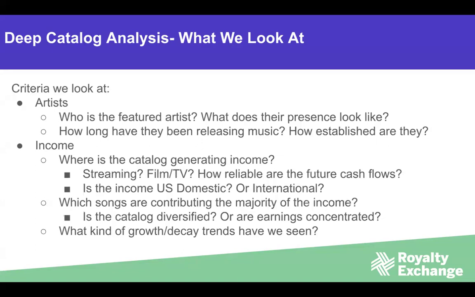Are they on the radio a lot, or are they live performance artists, or are they streaming? All that can be derived from the artists and their presence. And how long they've been releasing music, how established they are, how big their fan base is, all that stuff is going to clue us into what to expect from the catalog moving forward. Things like trend rates will also help with that, but the artists themselves will tell us a lot.